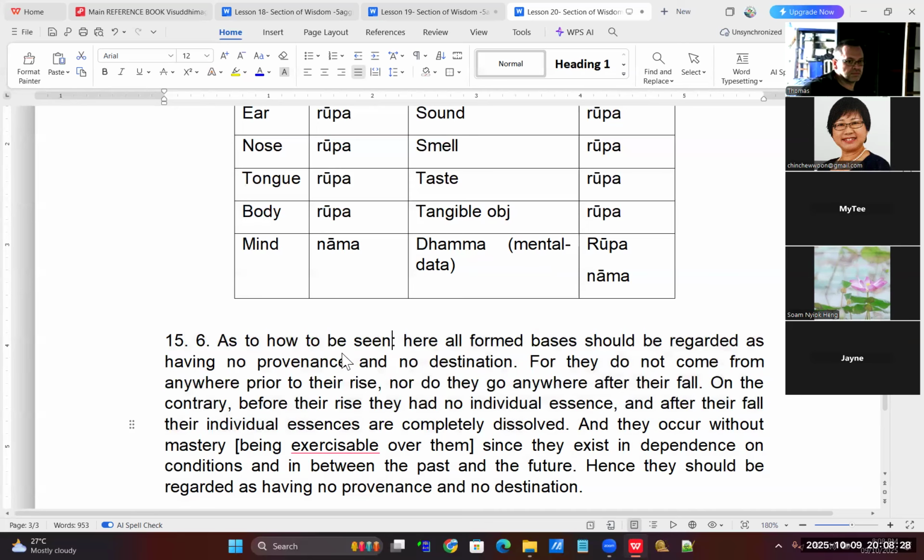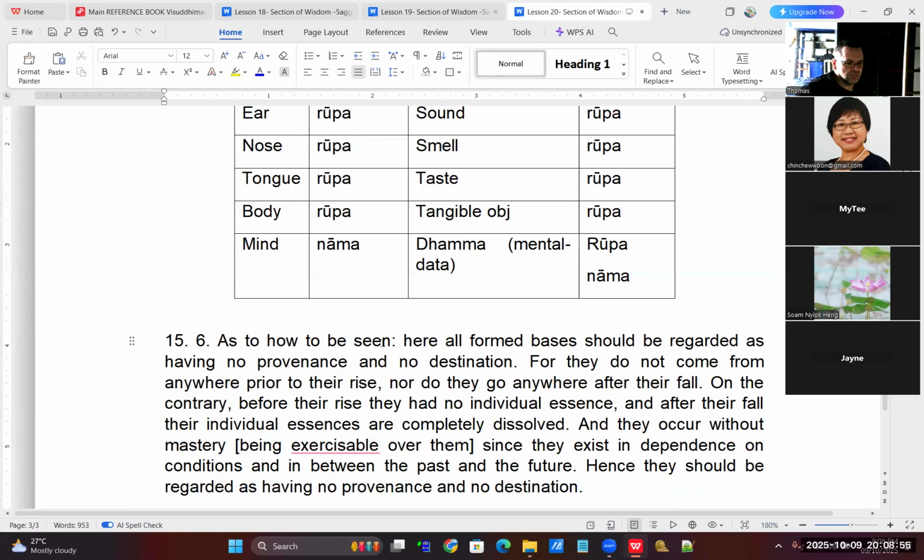As to how to be seen, here all formations should be regarded as having no provenance and no destination, for they do not come from anywhere prior to their arising, nor do they go anywhere after their fall.